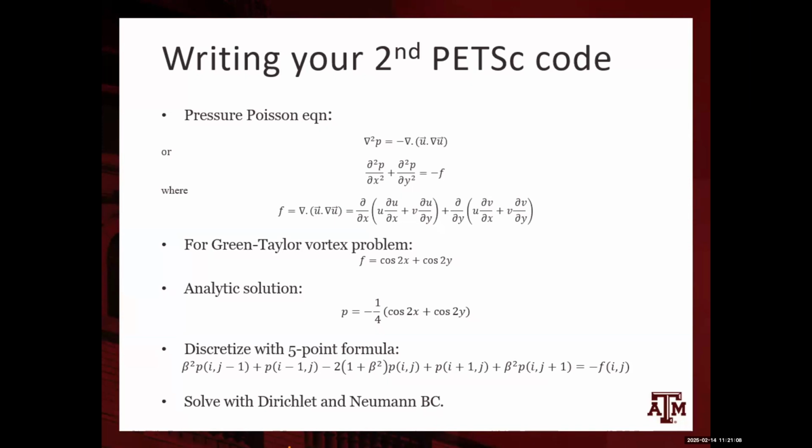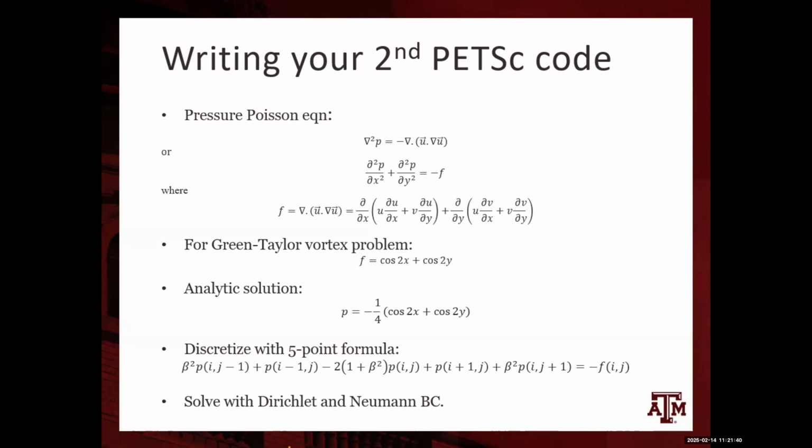So I'm going to first talk a little bit about what we are trying to do. We're going to solve the pressure Poisson equation: Laplacian of P is equal to minus divergence of U dot grad U. We can write this right-hand side as some F. And then we're going to do it for a Taylor-Green vortex problem.